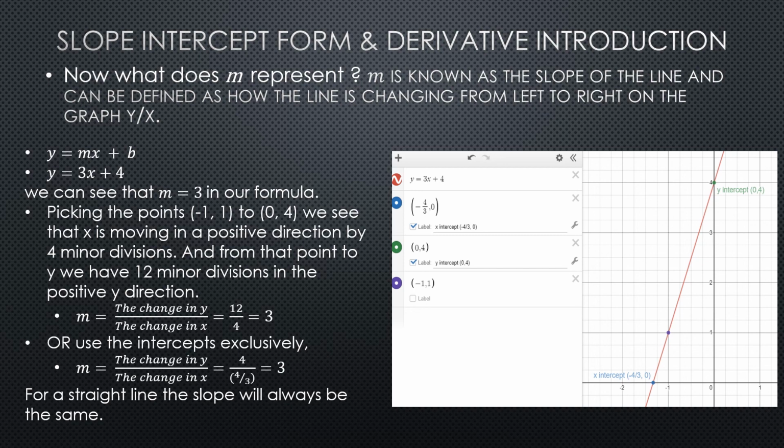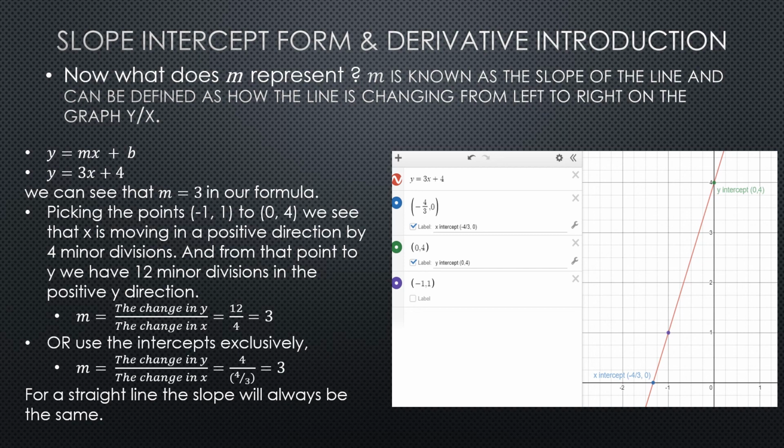You can see that at minus 1, 1, that point crosses the function. Moving from left to right and counting the minor divisions, we've got 1, 2, 3, 4, so a positive x of 4.